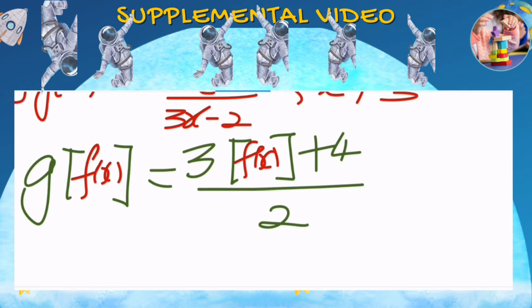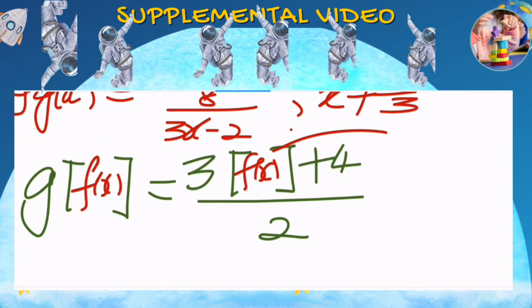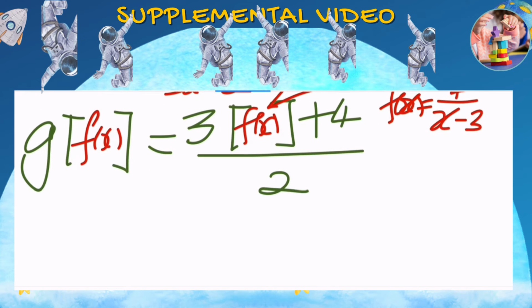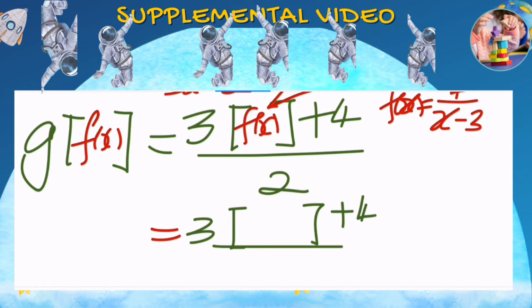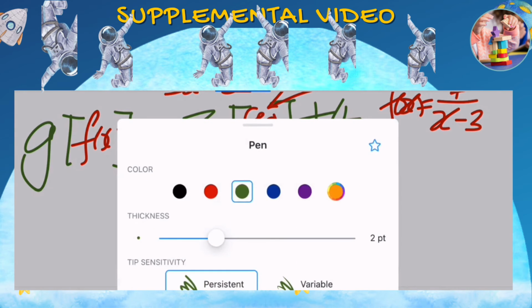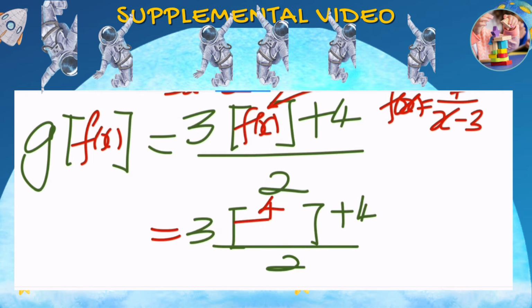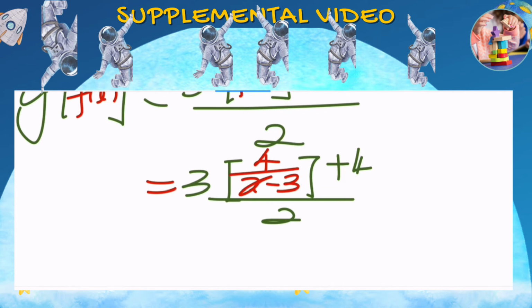So let's simplify carefully. f(x) was given in the question as 4 over x minus 3. So now we will write 3, and then we will substitute the function 4 over x minus 3 into there. The rest remain unchanged, right? So here we substitute 4 over x minus 3.